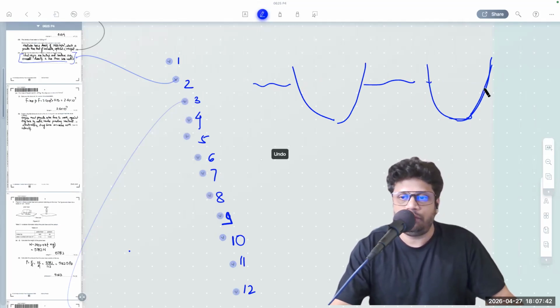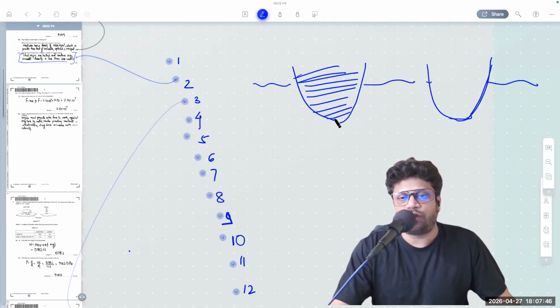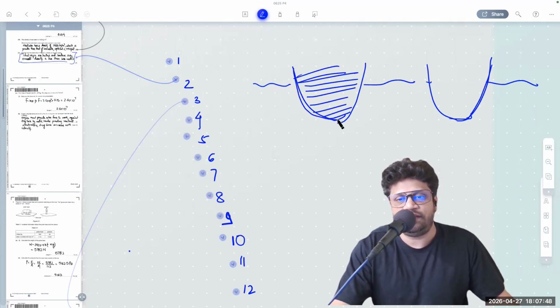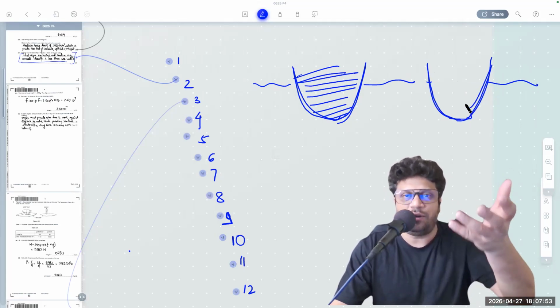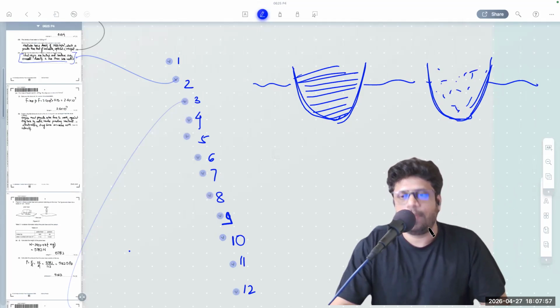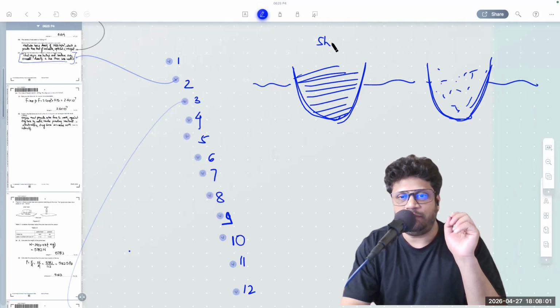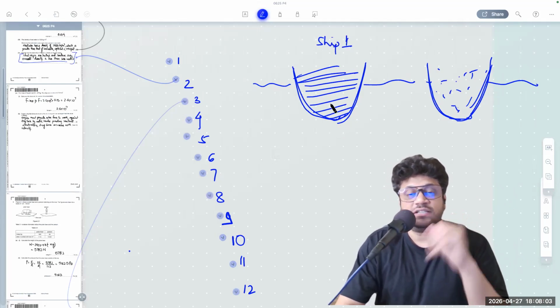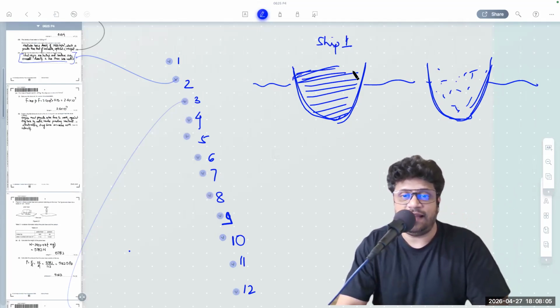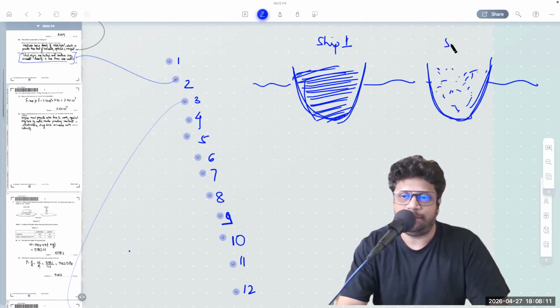Let's take two ships. One of them, all solid metal, let's say this is all steel, and one of them with steel only on the outer surface and air inside. Ship number one is made out of solid steel, even the inside of it you have steel, and here you have got it hollow, that's ship number two.